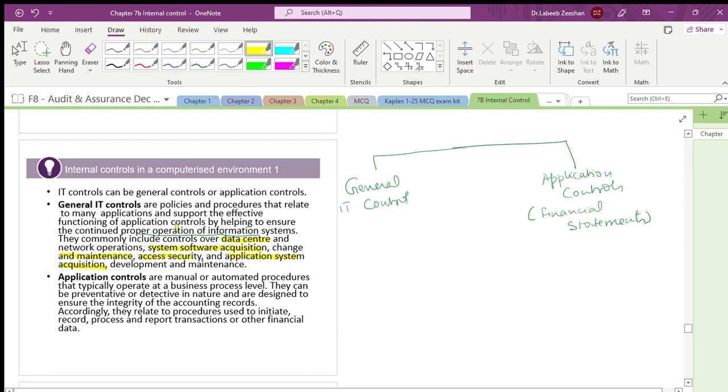Technically speaking, we are not concerned about general IT controls at all, but for information purposes, they will divide. General controls are related to a broader area, whereas the most specific ones are application controls.